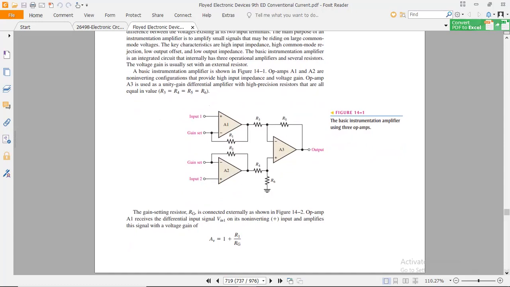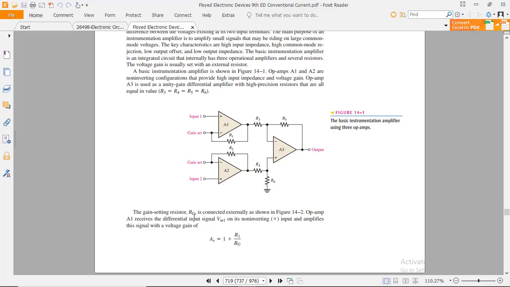towards the op-amp. As you can also see in this figure, these are the two sides of input provided by A1 and A2 to the A3 operational amplifier, and A3 acts as a unity gain differential amplifier at this side and gives the output at this level.